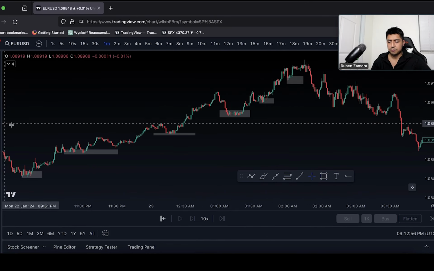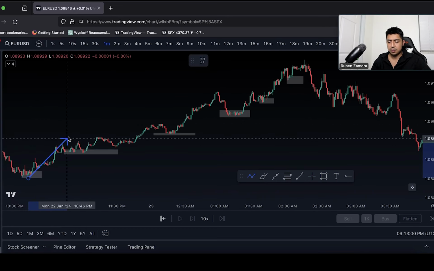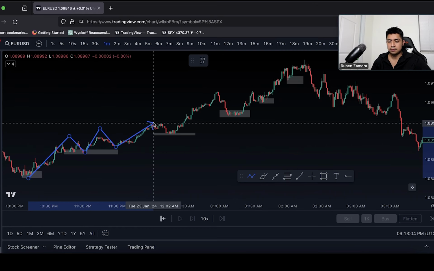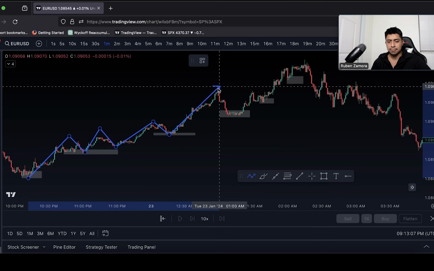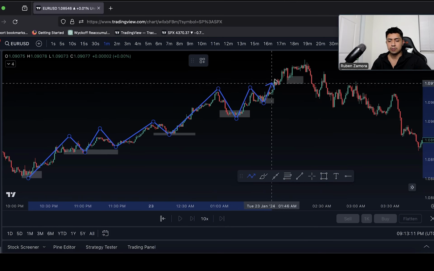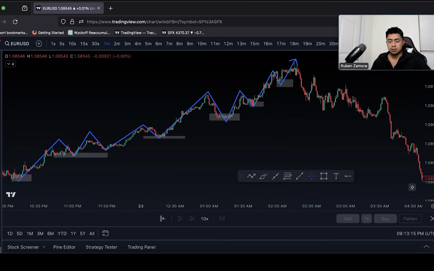So now we have demand taking price higher, pulling back, higher high, higher low, higher high, higher low, and so on, up to a higher high. So of course we see an uptrend. And within this uptrend, we can now see a downtrend, because that's what we see on the right-hand side.